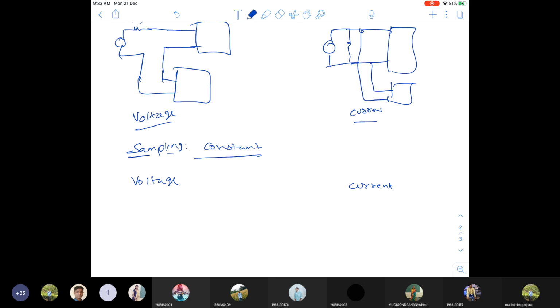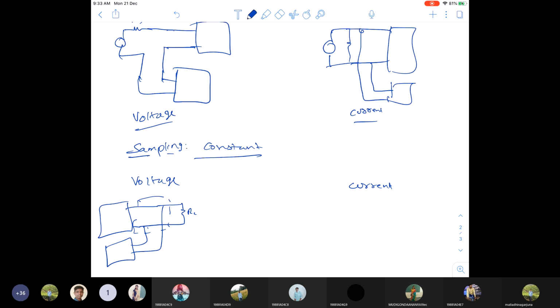Voltage is constant means the output should be parallel. So this is feedback and this is parallel connection.